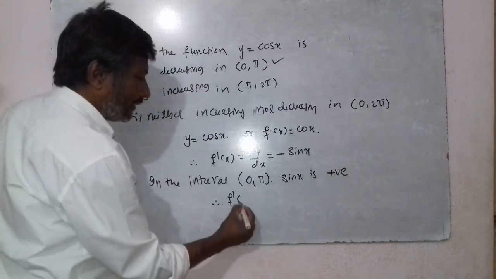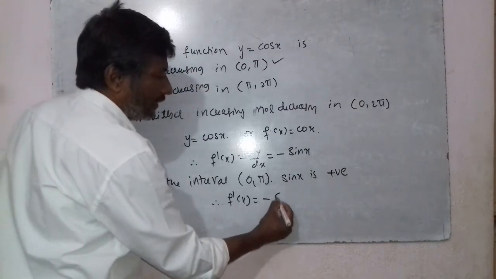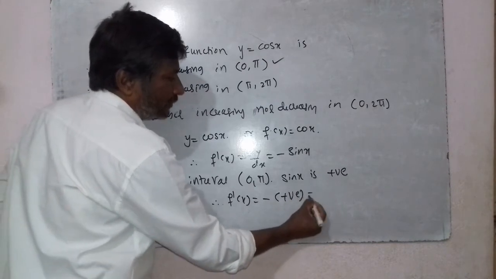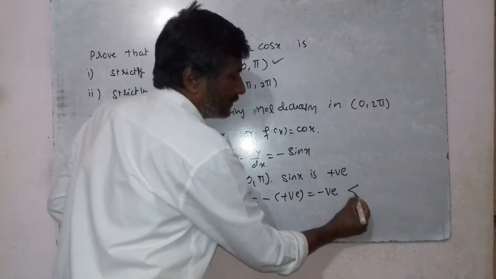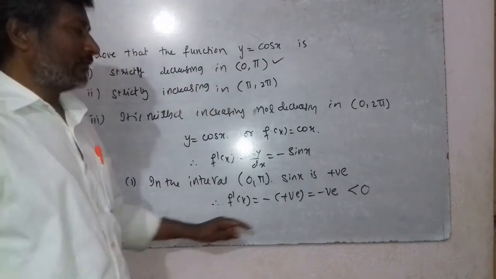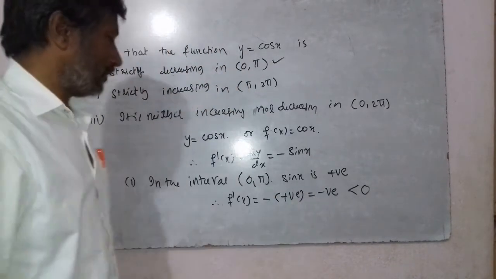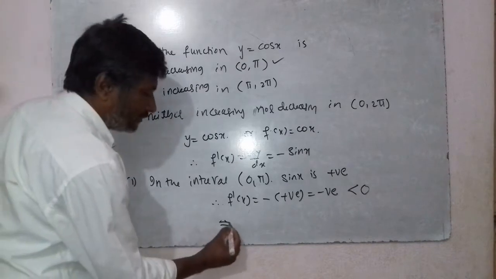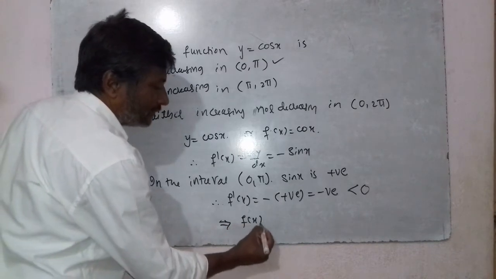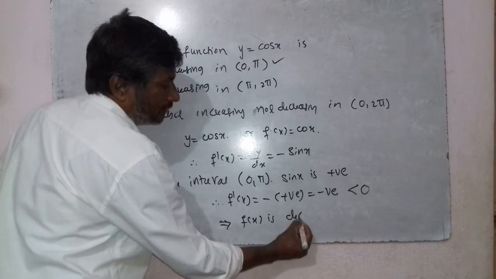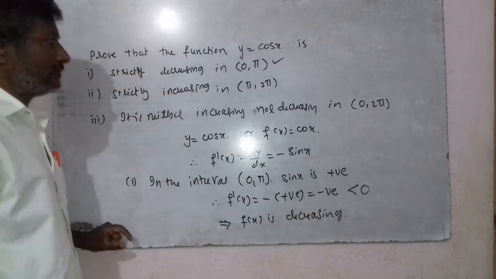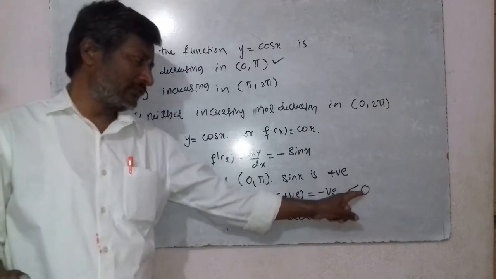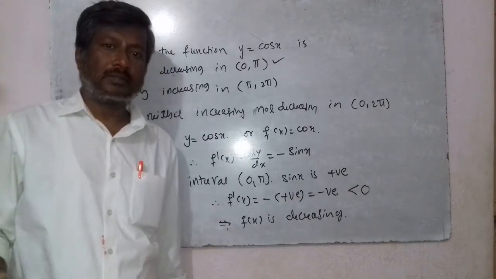Therefore, f dash x is minus into positive, which equals negative, which is less than 0. Therefore, this implies f x is decreasing. Since f dash x is less than 0, therefore f x is decreasing.